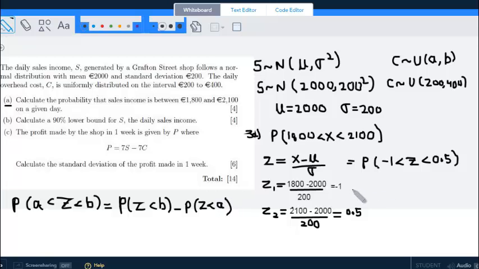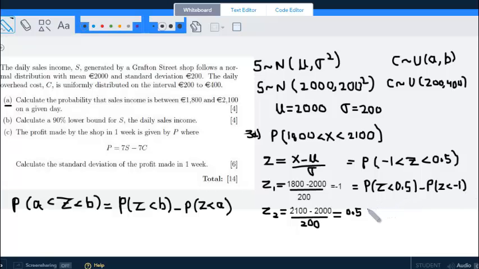So following that, this is equal to probability that z is less than 0.5 minus probability that z is less than -1.